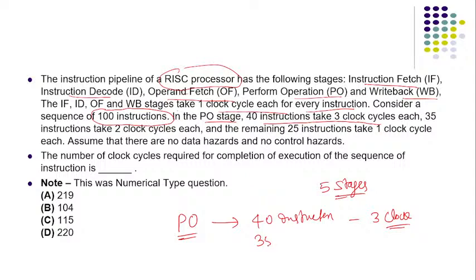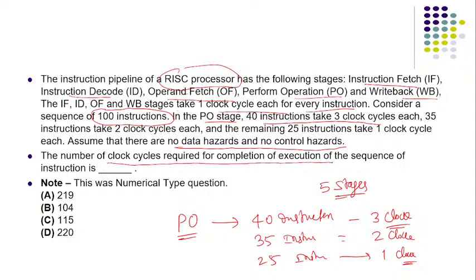Then 35 instructions take 2 clock cycles, means it is taking one extra clock cycle, and the remaining 25 instructions take 1 clock cycle each. Assume that there is no data hazard and no control hazard. The number of clock cycles required for completion of execution of the sequence of instructions is.